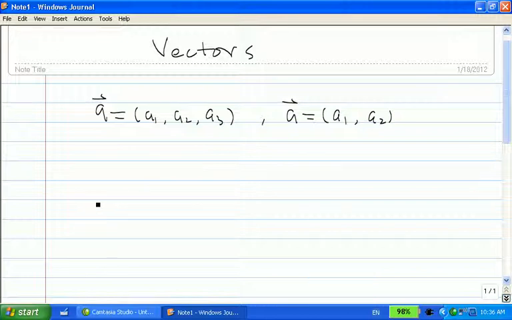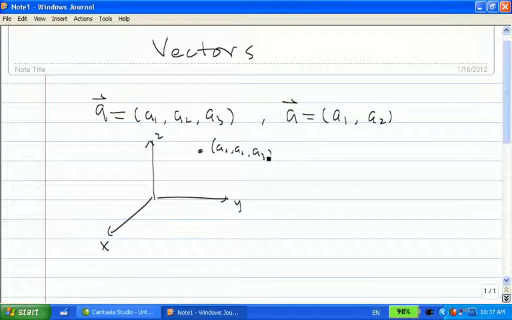What do we mean by that? In three-dimensional space, A with the arrow on top is a vector. I give you a triple, which means I give you a point in space: A1, A2, A3. A1 is the x coordinate, A2 is the y coordinate, and A3 is the z coordinate. Vector A starts at the origin and ends at the point A1, A2, A3.